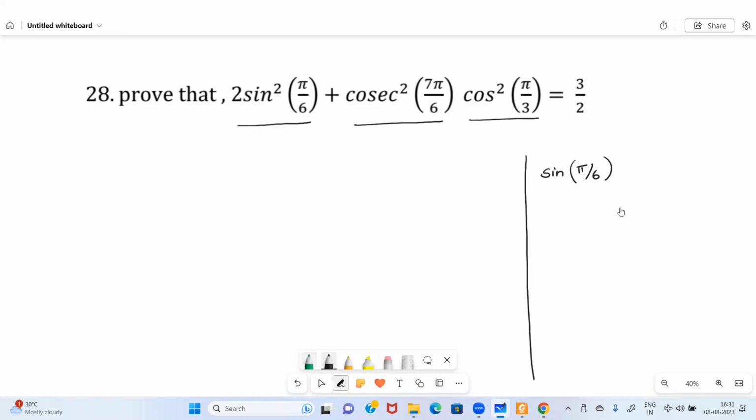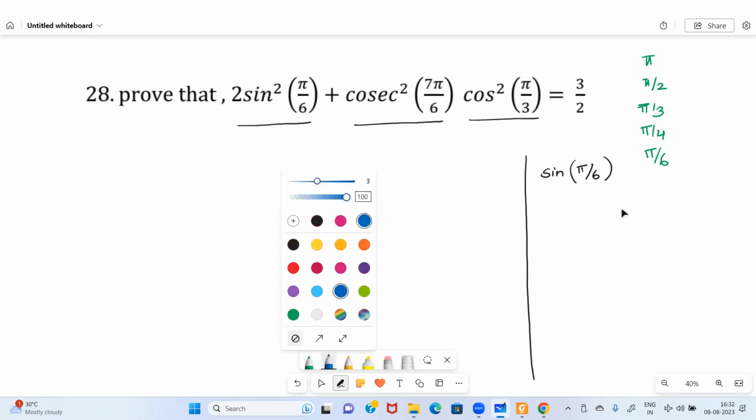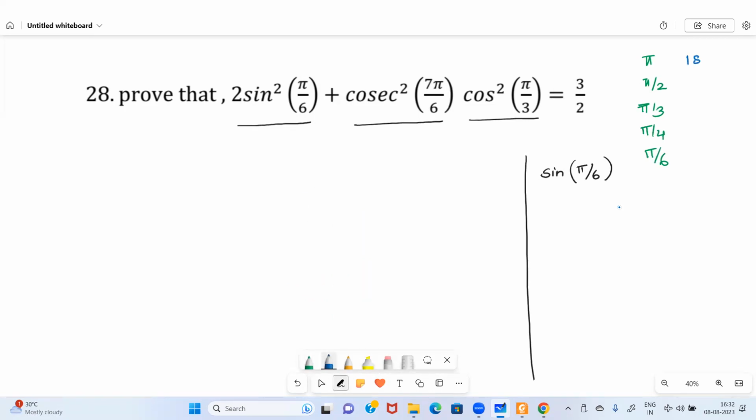Students, already we have discussed pi radians. What is pi radians? What is pi by 2 radians? What is pi by 3 radians? What is pi by 4 radians? What is pi by 6 radians? All these are handy piece of information which you can keep it ready. Correct? So what is pi radians equal to? 180 degrees. What is pi by 2 radians? 90 degrees. Pi by 3 radians? 60 degrees.